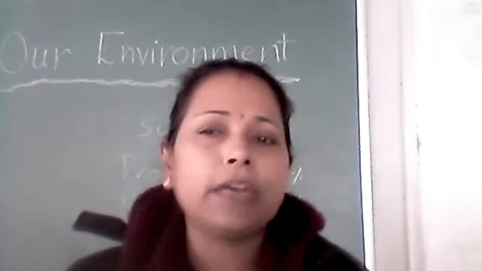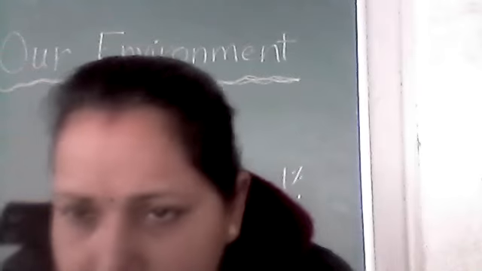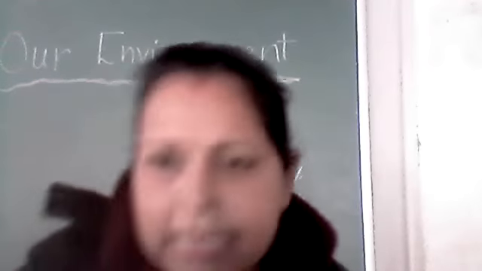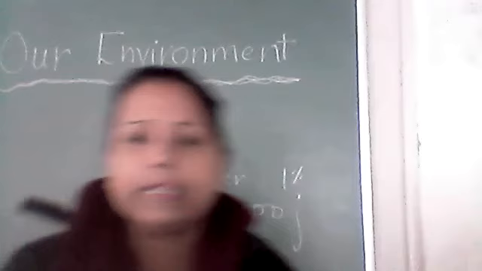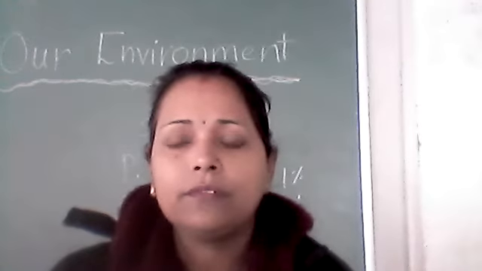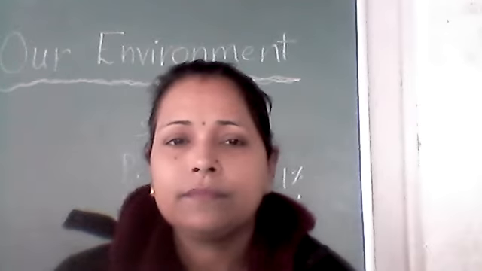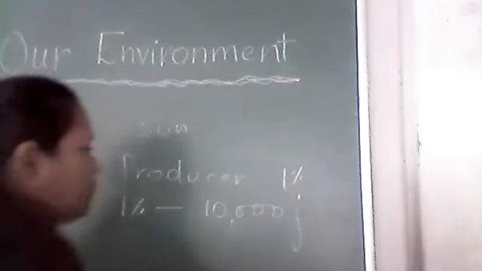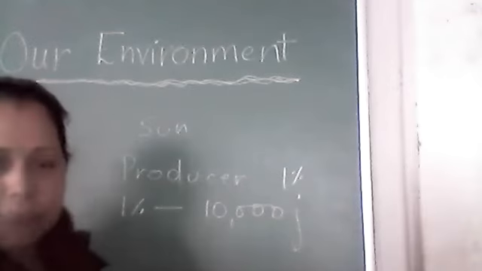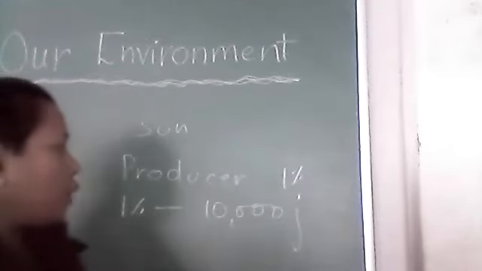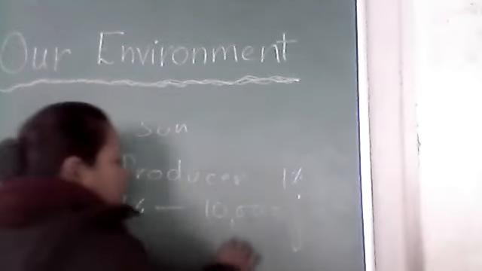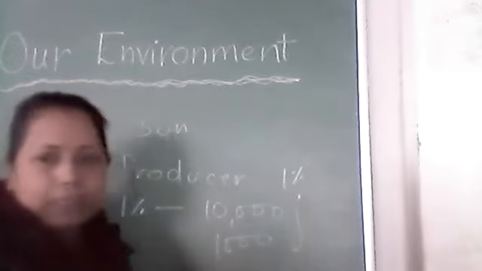We just find 10% of 10,000. What is the actual number? 1,000 joule. Yes, 10% of 10,000, so 1,000 will be available to the primary consumer.